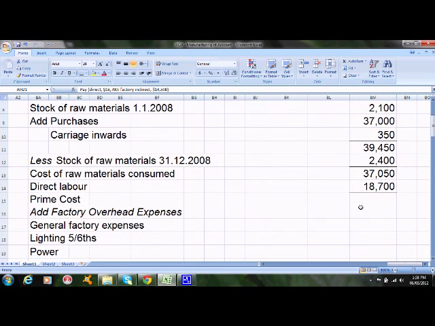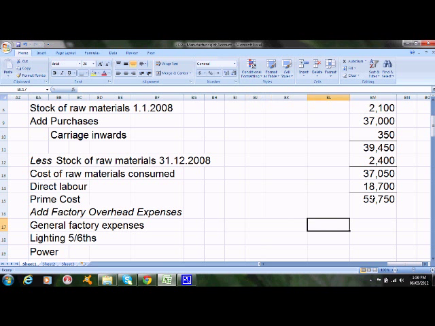When you add up direct labor and that, you get what we call prime cost, with a figure of 55,750. 55,750.